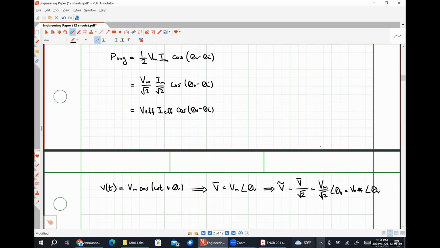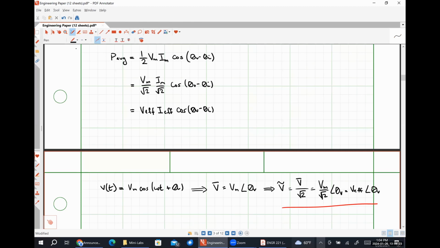So looking at this representation of our voltage signal and understanding that there would be an effectively identical representation for an RMS phasor current, that would just be Im over the square root of 2 with an angle of theta I, or I effective.